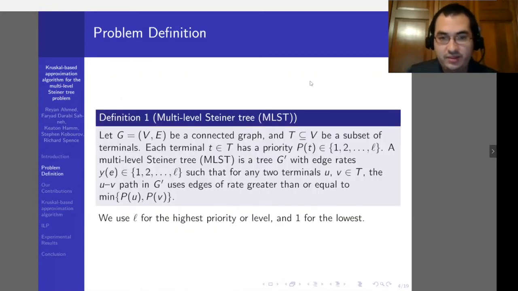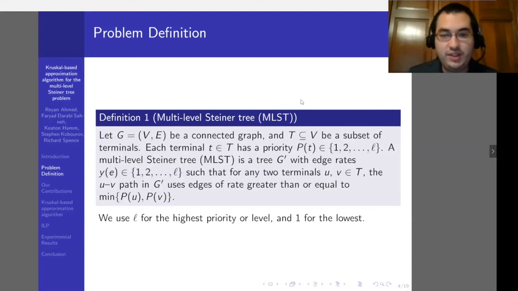So what is a multi-level Steiner tree? As before, we're given an undirected graph and a set of terminals where each terminal has a priority which is discretized to the set 1 through L, where L is the highest priority and 1 is the lowest.